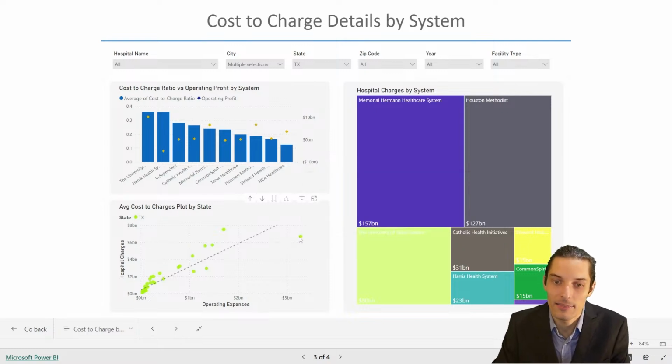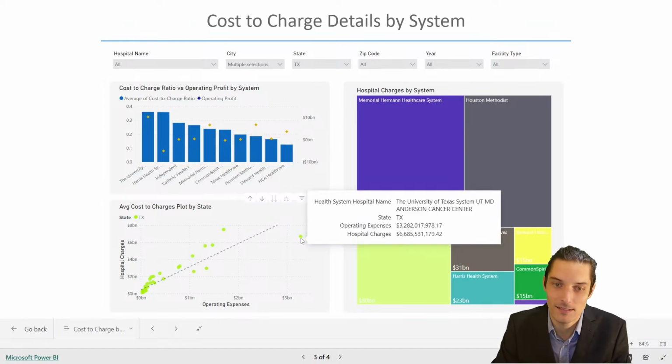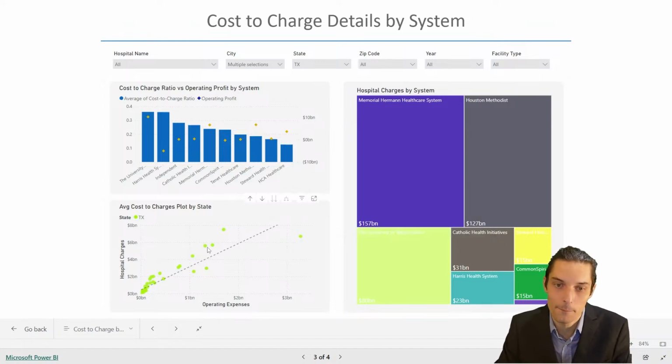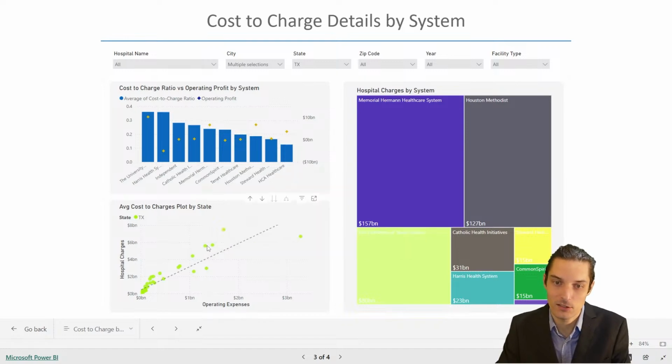And so in this case, their cost to charge ratio will be more in line, even though it's a cancer center where they have very, very high operating expenses and their charges are more in line with what these other healthcare organizations are.